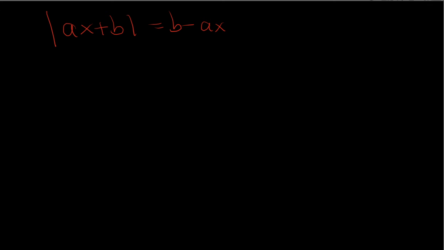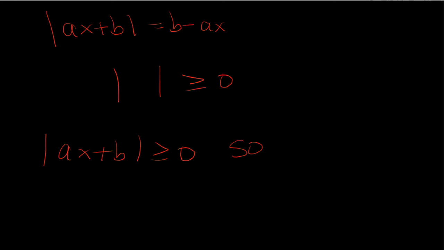We know that the absolute value is always greater than or equal to 0. It's never negative. So b minus ax must also be greater than or equal to 0, since they're equal.